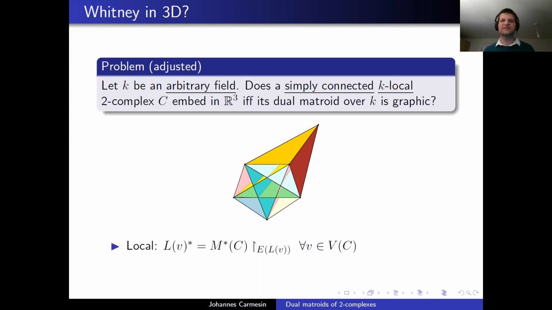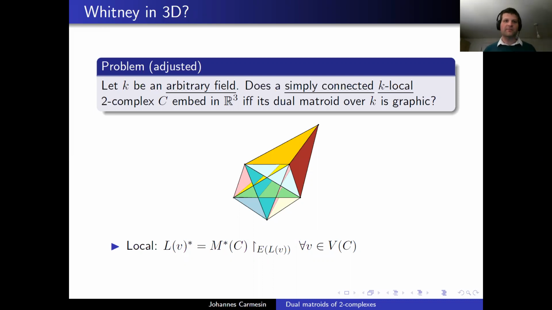And then there's the problem with the Poincaré spheres, which magically goes away if you just assume that the two complexes are simply connected, so that every closed trail in the two complex can be generated from face boundaries. We have to put in some condition, and I think this condition is very natural.